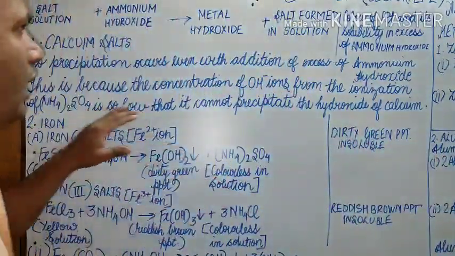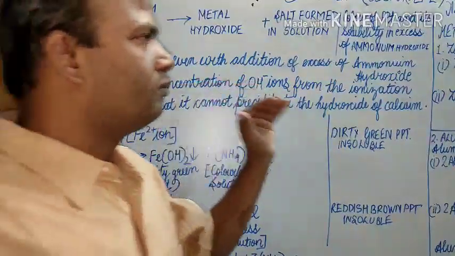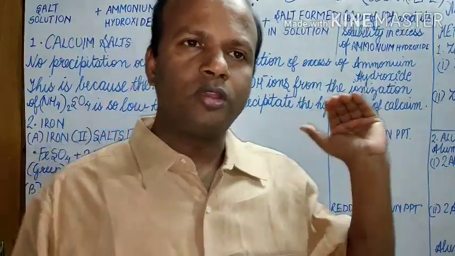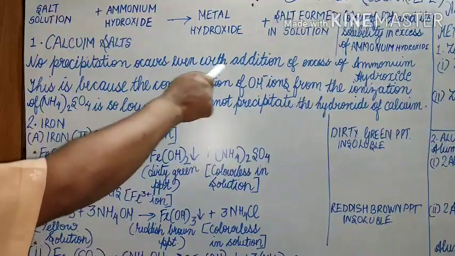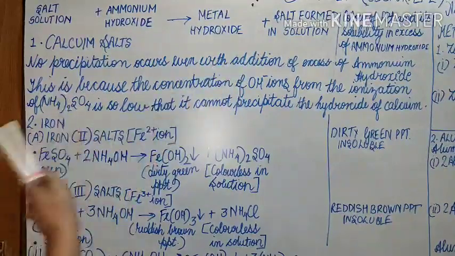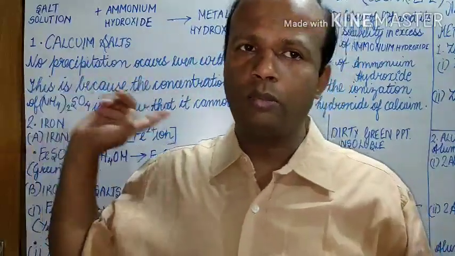So it says no precipitation even in excess. Whenever we observe such a reaction, that there is no precipitation with the addition of NH4OH, we know that this cation may be Ca+2.